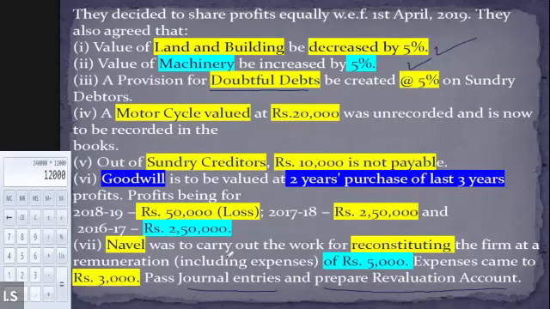And if the question is telling us that liability up to rupees 10,000 is not payable, that is good news, that is a kind of profit. If liability is not payable by 10,000, that means we have a gain, a profit of 10,000. So that simply means the value of the creditor is decreasing by 10,000.